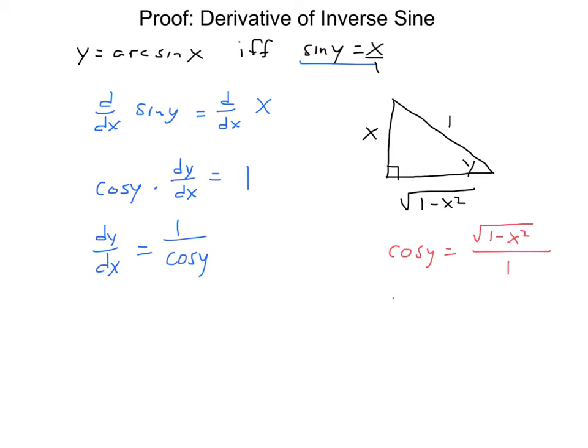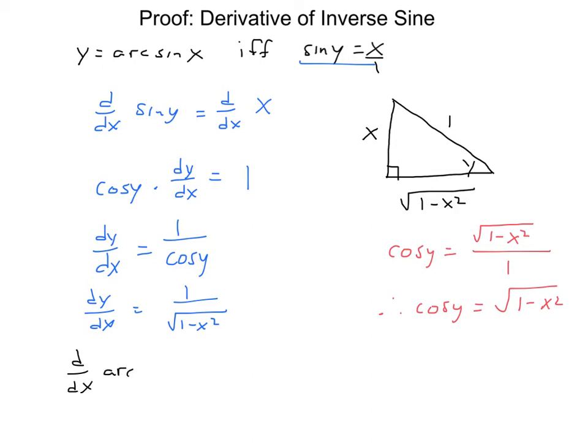So therefore, the cosine of y equals the square root of 1 minus x squared, which then tells us that the derivative of y with respect to x is equal to 1 over the square root of 1 minus x squared. So the derivative with respect to x of the arc sine of x equals 1 over the square root of 1 minus x squared.